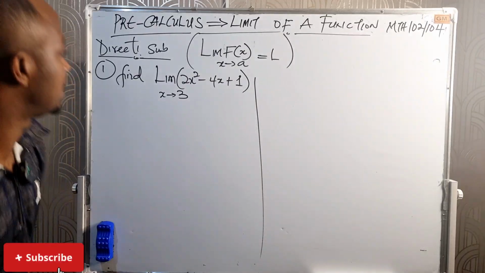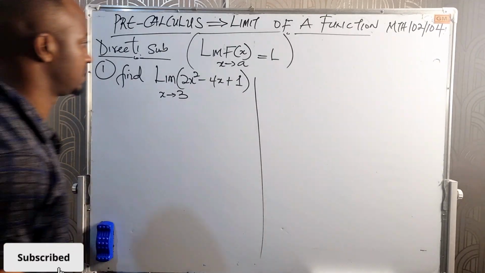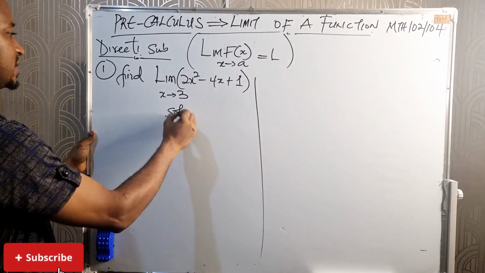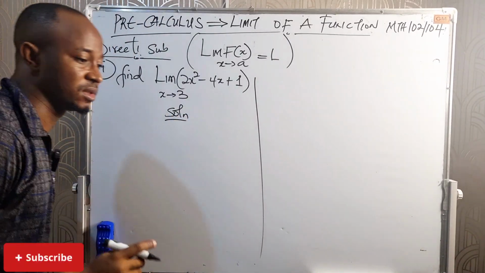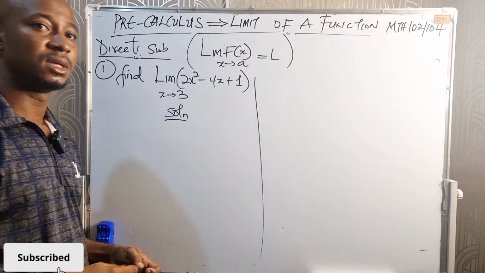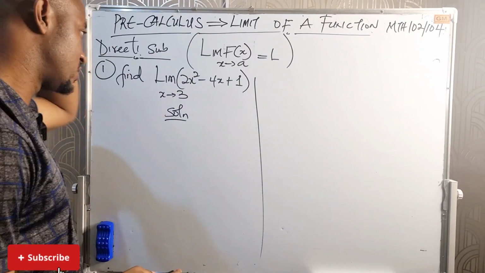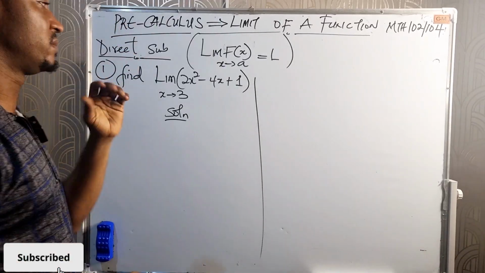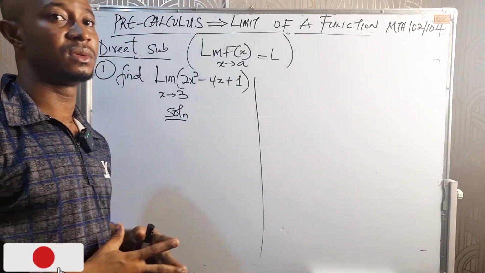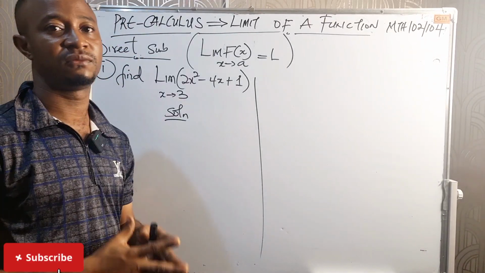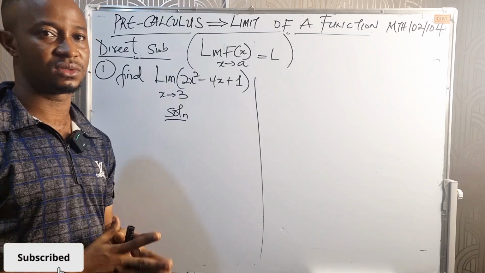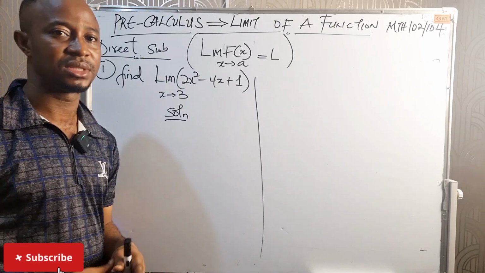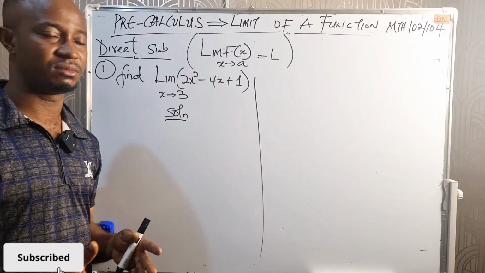Okay, let's look at what we're going to have here. This is a very simple question. Solution to this is that whenever you are given a function in mathematics to evaluate, the first thing you need to do is to apply direct substitution. Then if direct substitution gives you an undefined or indeterminate answer, then we can try other methods, like the factorization method.